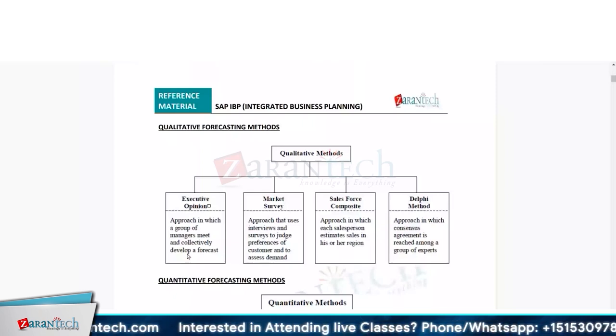So for such a scenario, most organizations took the judgmental call that because COVID has hit the entire world very badly, they started protecting the inventory. They started reducing the inventory, reducing the demand, reducing the production, because they felt that the market is collapsing, so the requirements will definitely go down.